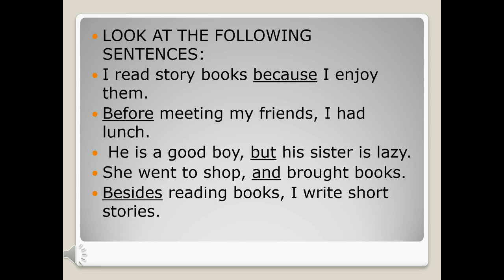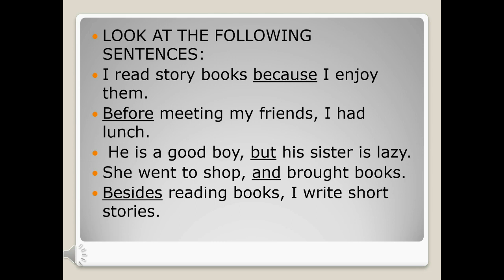She went to shop and brought books. Besides reading books, I write short stories.